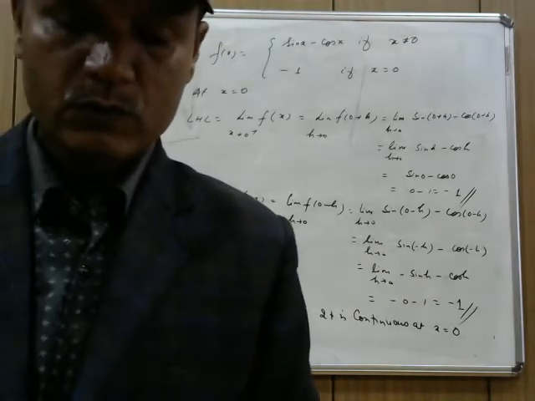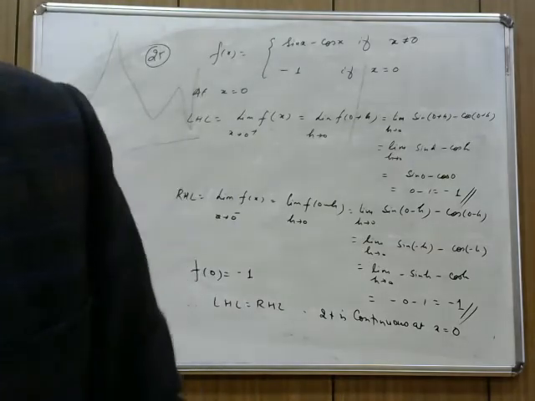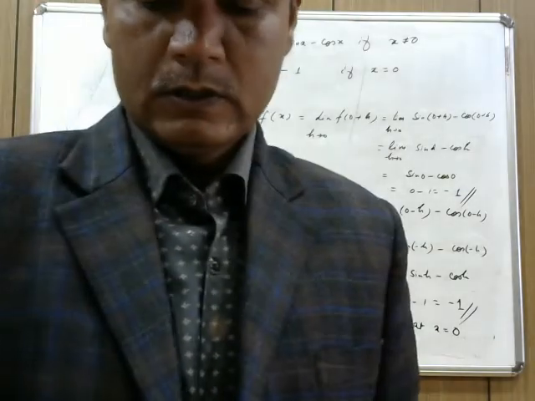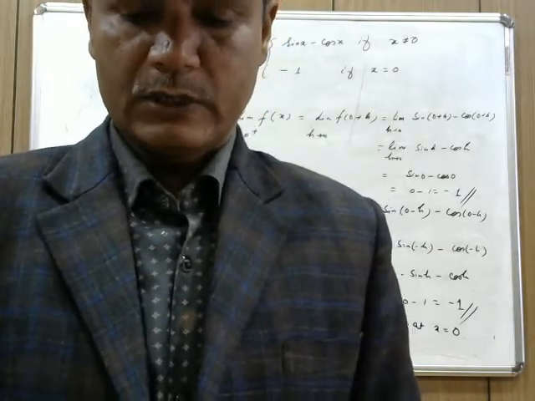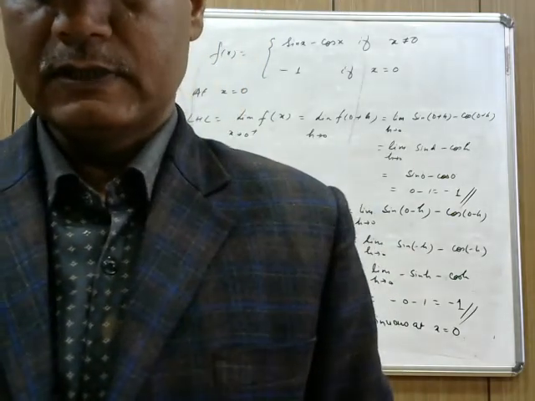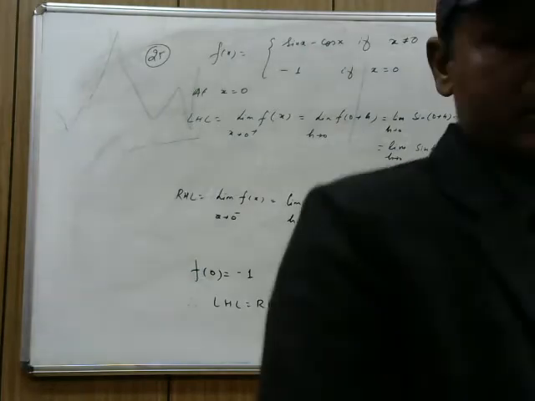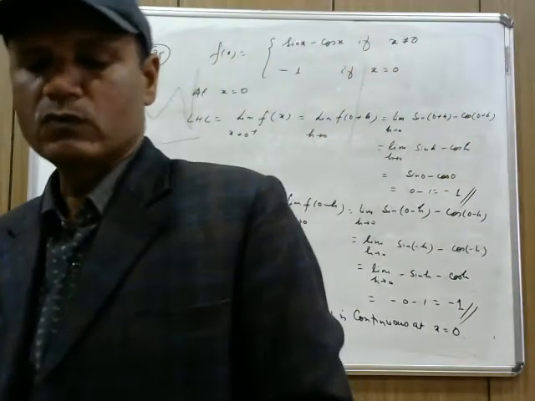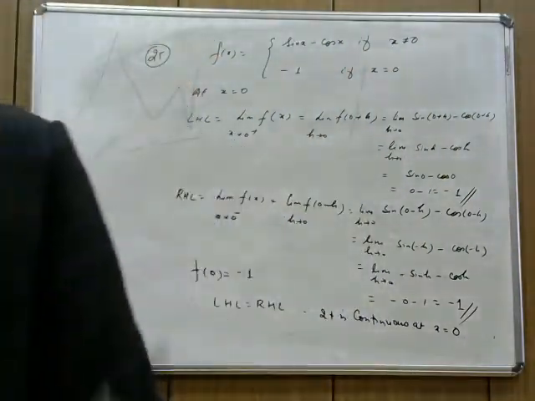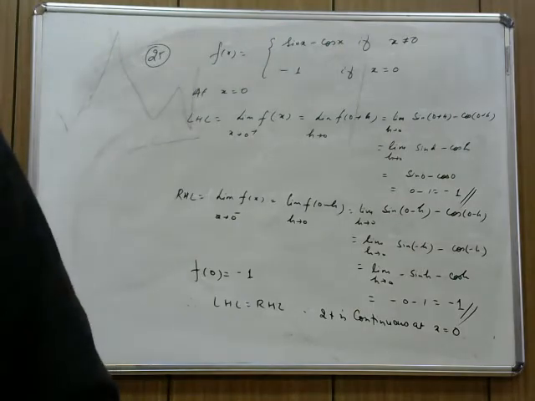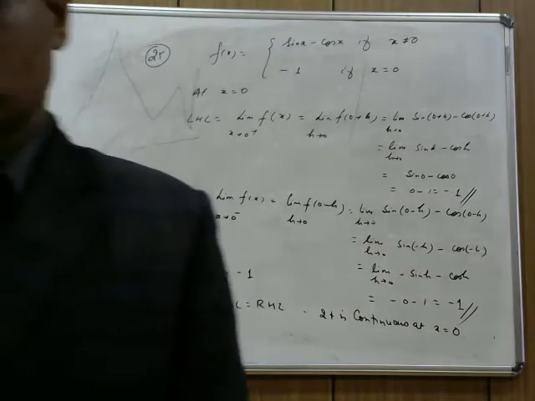Now from question number 26 to 30, it is given that the given function is continuous, and when the function is continuous you have to find the value of the missing value, whether it is k or a or b or c, something like that.